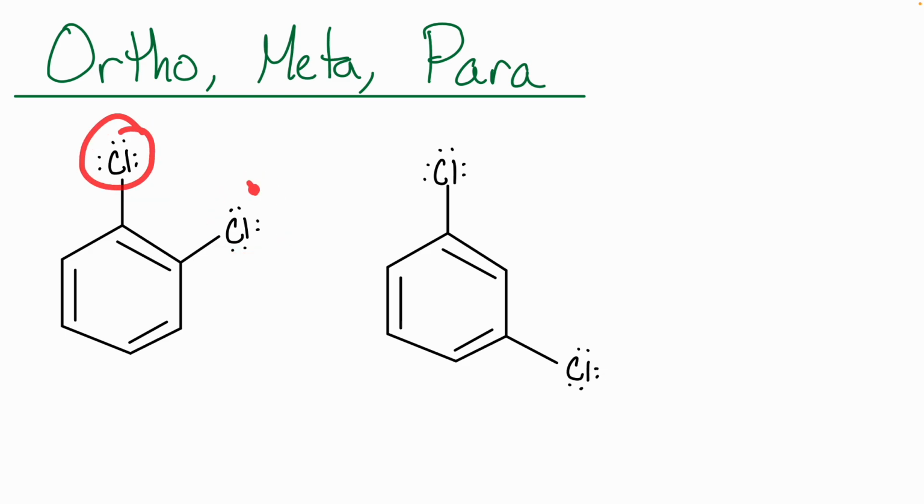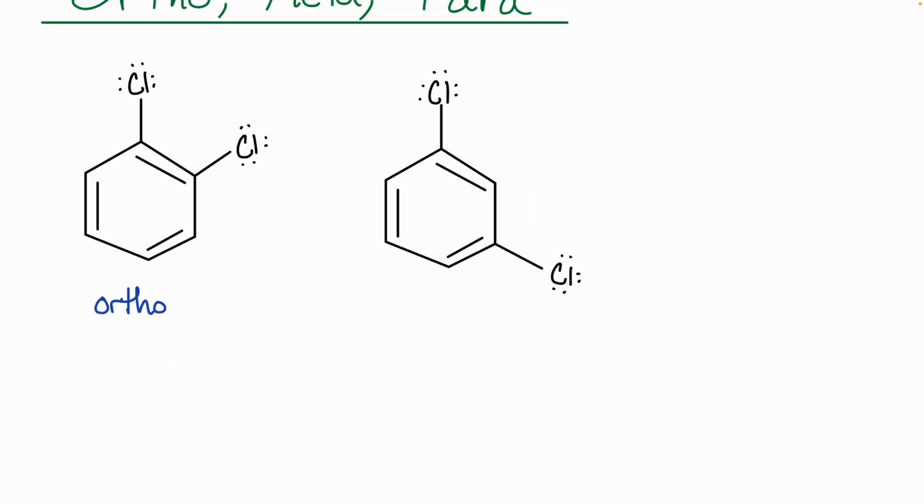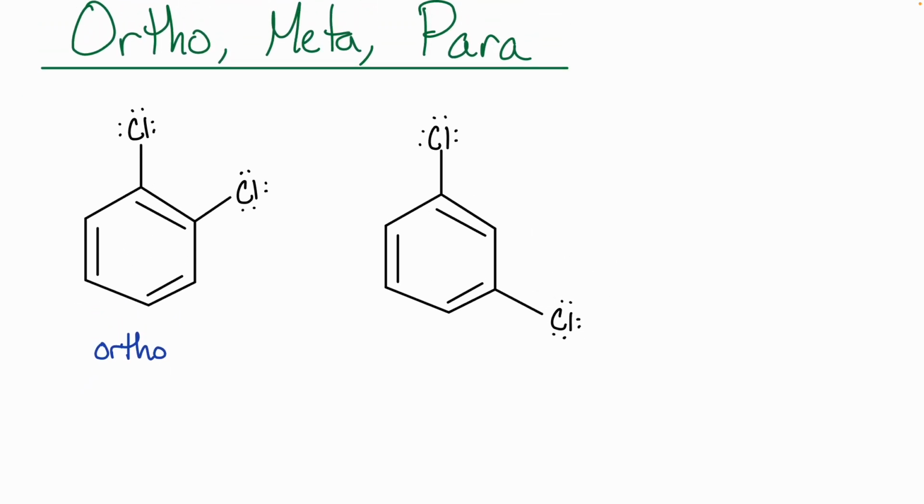If your two substituents are right next door to one another, this is what we call the ortho isomer. So the correct name for this molecule would include that ortho designation, or be ortho-dichlorobenzene.